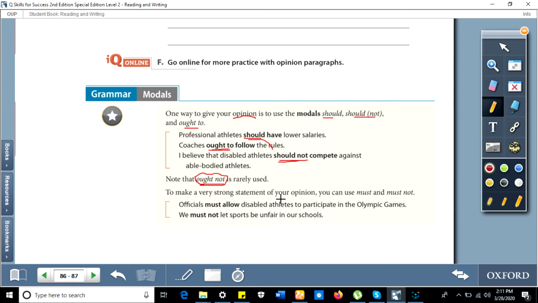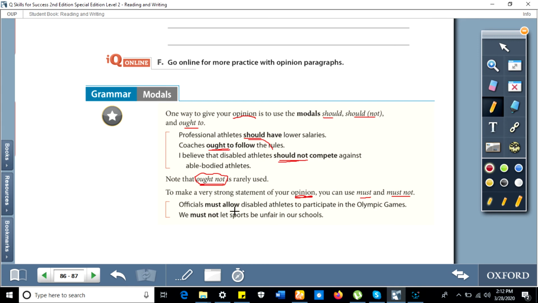If you want to make your opinion very strong and tell somebody that you strongly believe in whatever idea you're giving, you use must and must not, right? It means that you strongly believe your opinion, right?